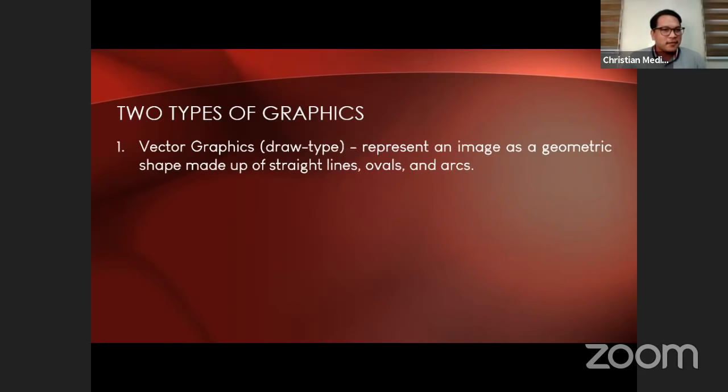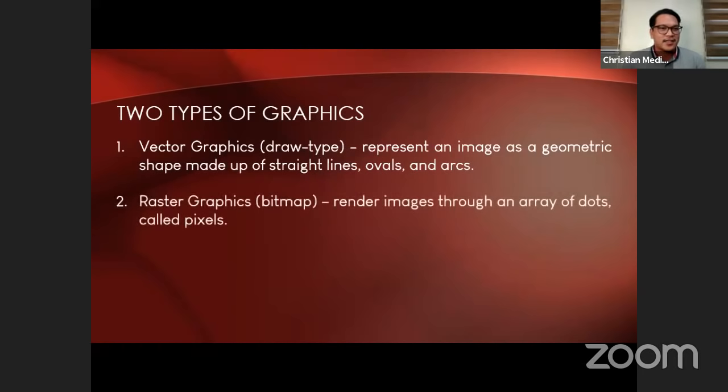The second type of graphic is raster graphics or bitmap. It usually renders images through an array of dots called pixels. Raster graphics are often used with photographic images because they can represent precise gradients in color compared to vector graphics.